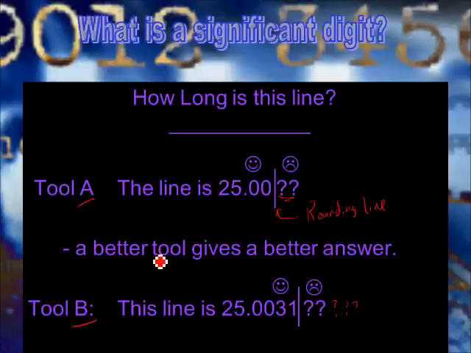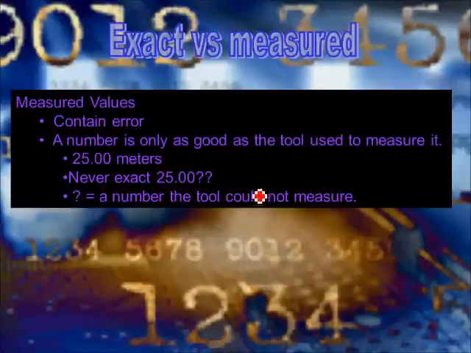Again, like I said, it's measure what you know and then estimate one digit. The person who's using the tool here is following that rule to give me this number, which is why they cut off here. They didn't continue to add more numbers because the tool couldn't provide them. So measured values always contain error.